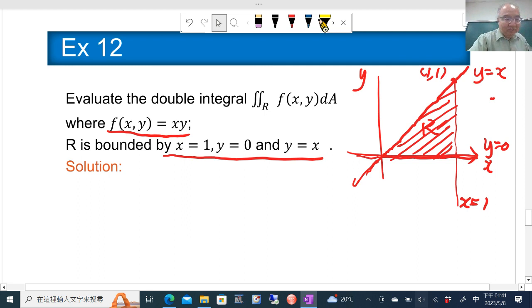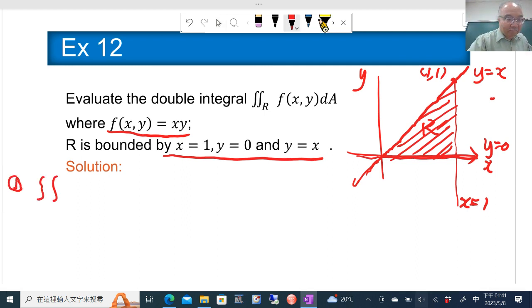Option 1, dy dx, meaning that x should be fixed.